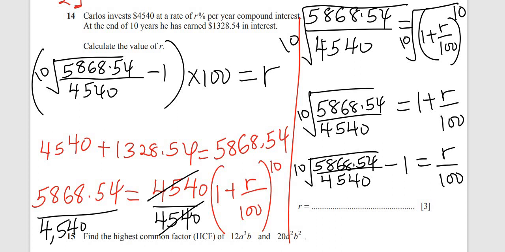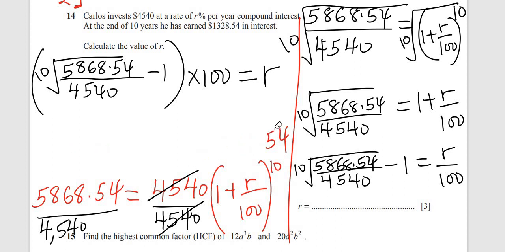So when you work that out using your calculator, the value of r is going to be approximately 2.6. So r is equal to 2.6%. So that is the rate.